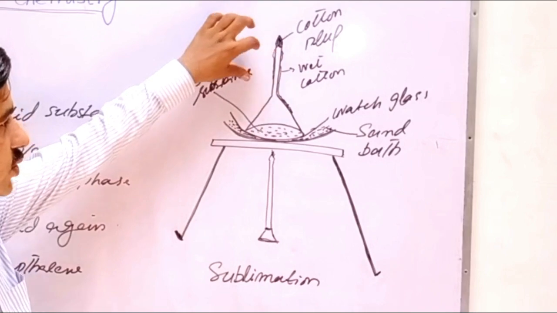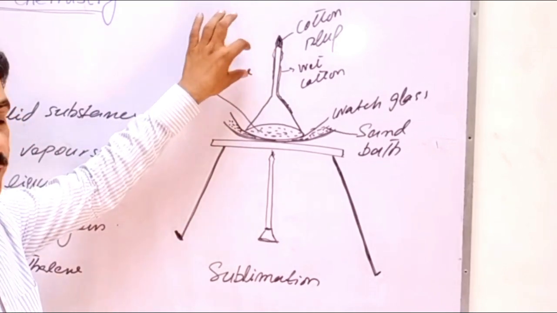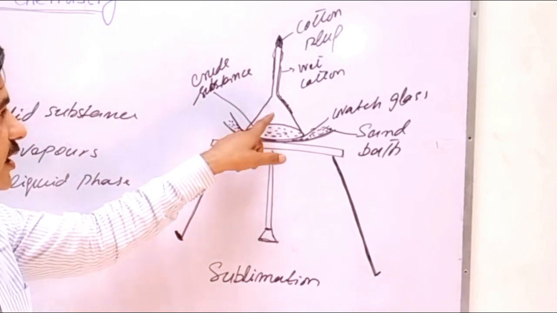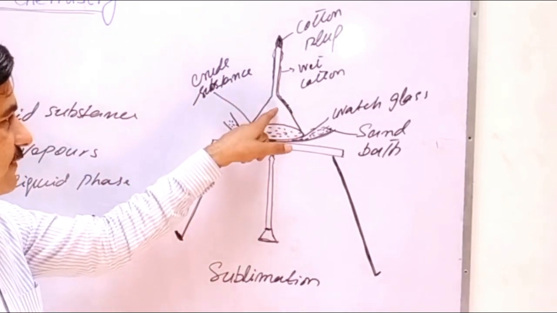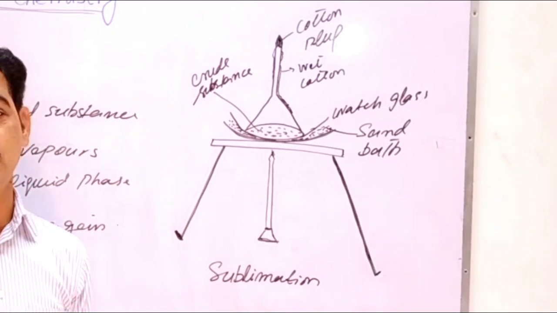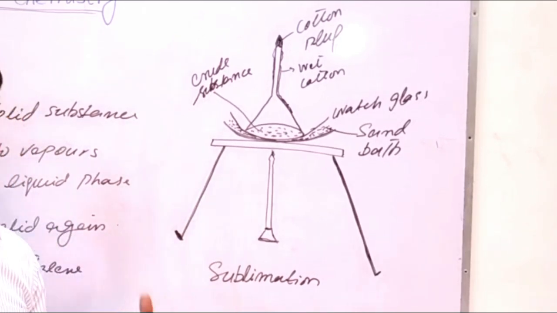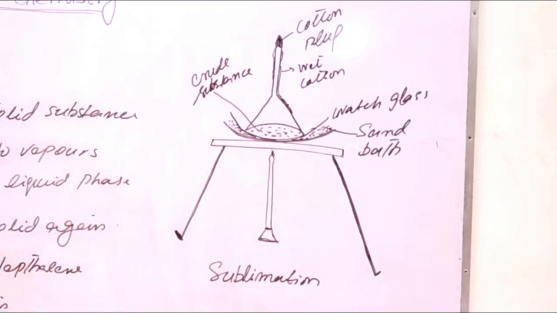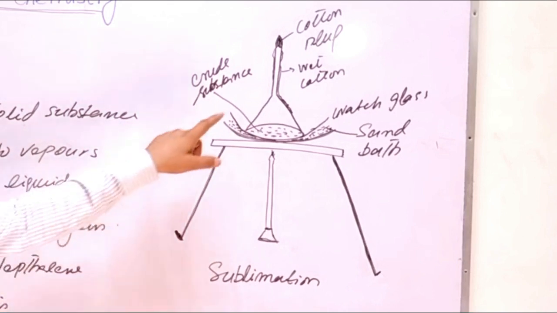When we cool the substance, we observe that the sublimed product is collected in the glass funnel. When the vapors condense and convert into solid again, we obtain this component of the mixture in the funnel.